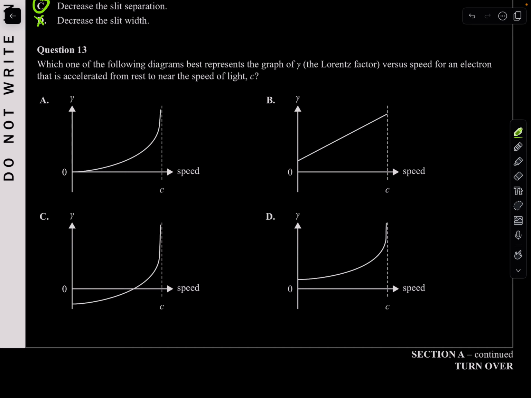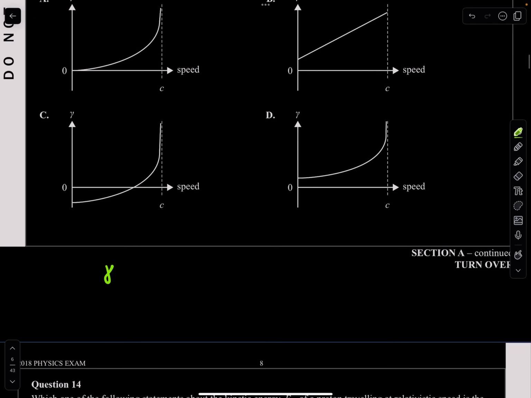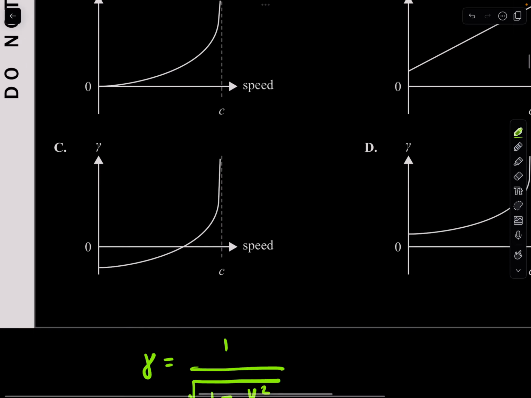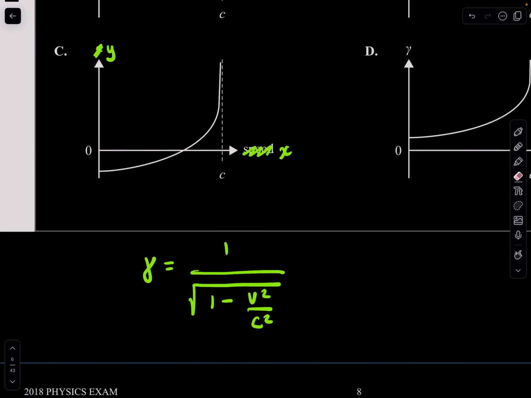We know that the Lorentz factor is 1 over the square root of 1 minus v squared over c squared. In this case, imagine that this is your y, and your speed is your x. So we can call this part y, and this part x.